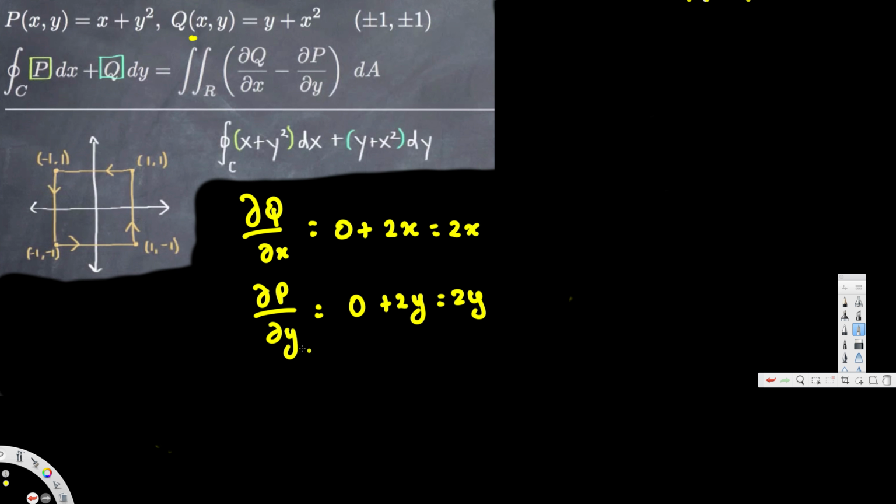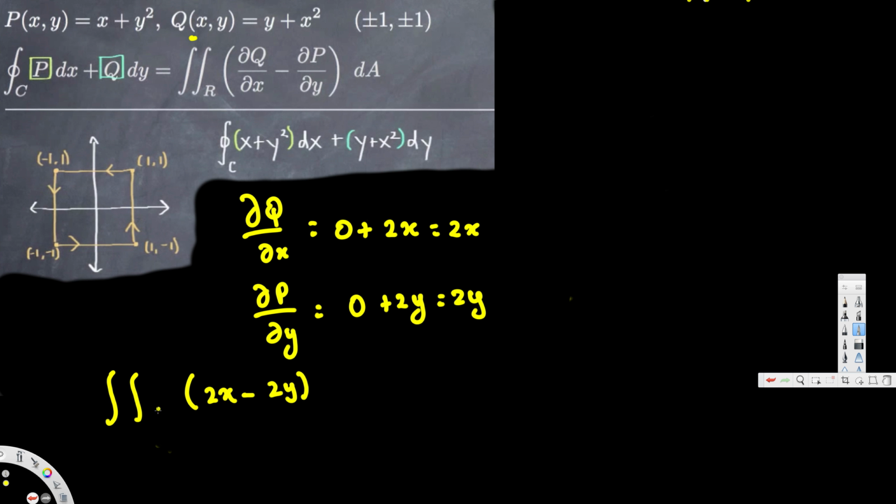Now we have these two things, so we can write our double integral. In the double integral we have the partial derivative of Q with respect to x, that is 2x, minus the partial derivative of P with respect to y, that's 2y.